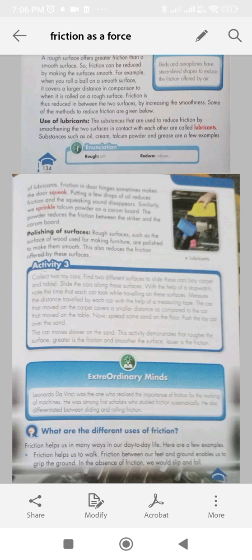Measure the distance traveled by each car with the help of a measuring tape. The car that moves on the carpet covers a smaller distance as compared to the car that moves on the table. Now spread some sand on the floor. Push the toy car over the sand. The car moves slower on the sand. This activity demonstrates that the rougher the surface, the greater the friction, and the smoother the surface, the lesser is the friction.